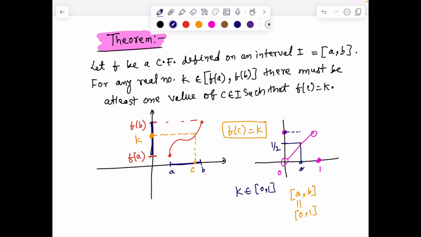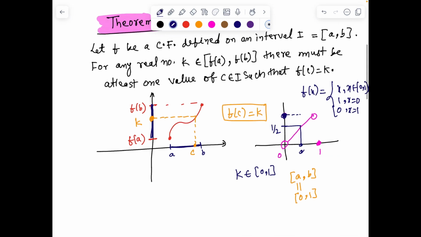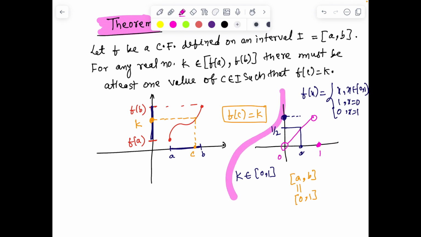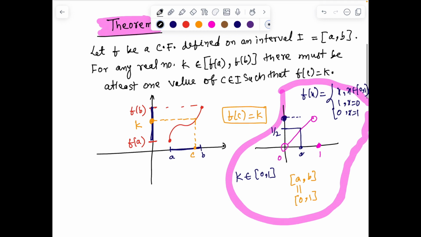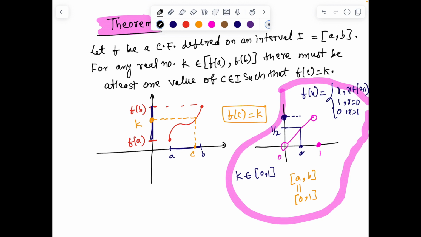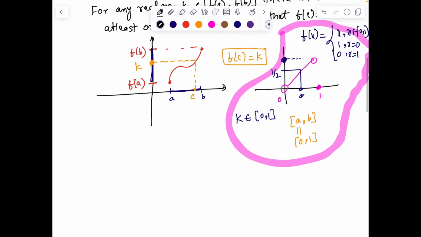Even if you give me 1, corresponding to 1 there is an input which is 0, right? So the function I have defined is f(x) equals x for x belonging to the open interval 0 to 1. It is 1 at x equal to 0 and 0 at x equal to 1. So although this function satisfies the condition of IVT, it does not mean the function is continuous. So the converse of this statement is not true. This is a usual confusion, which I first wanted to clear up.